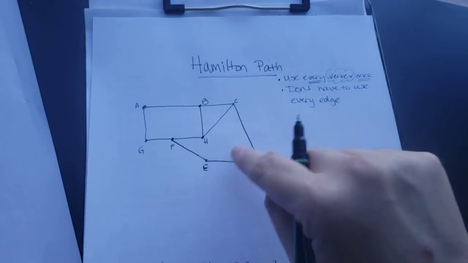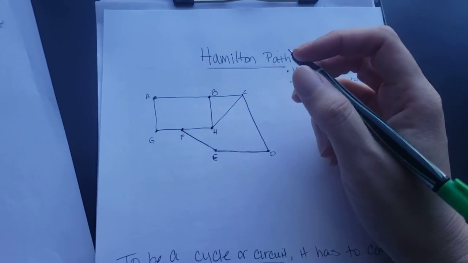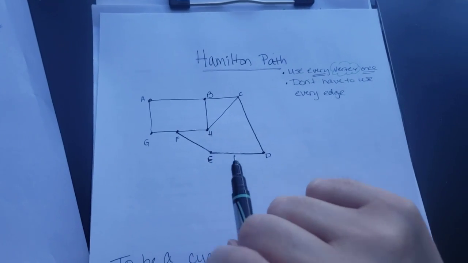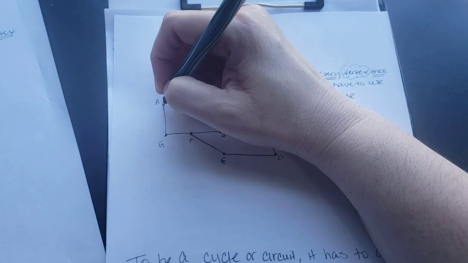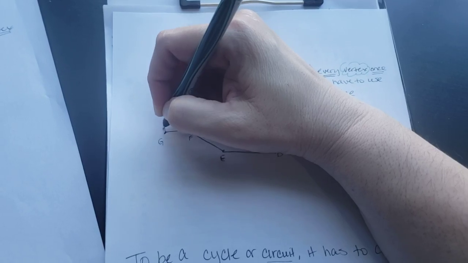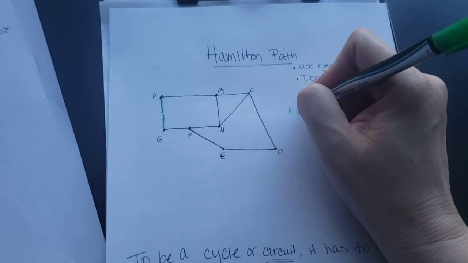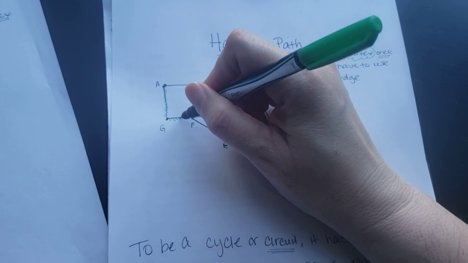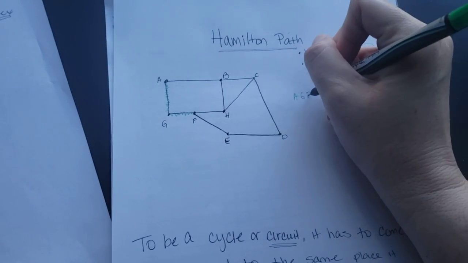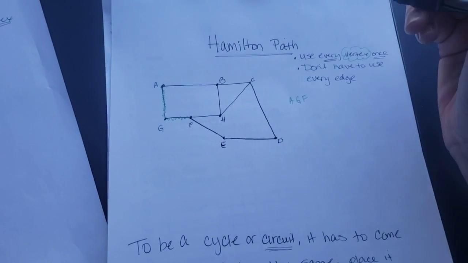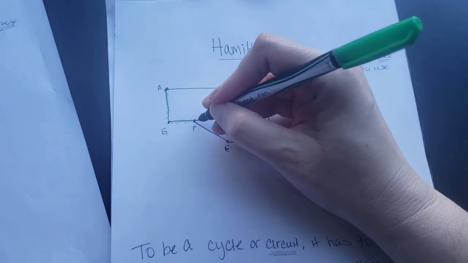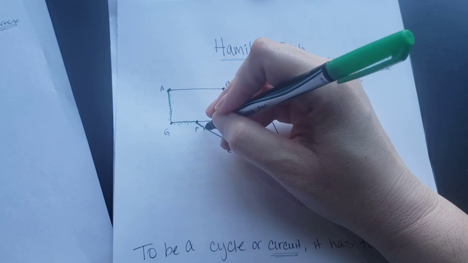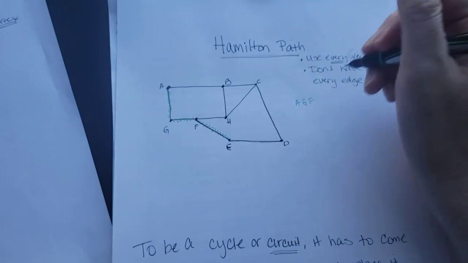So here's a pretty complicated looking path. I want to make sure that I hit every vertex on this path. So I'm going to go from A to G, from G to F, from F to E. There's actually multiple ways we could do this.